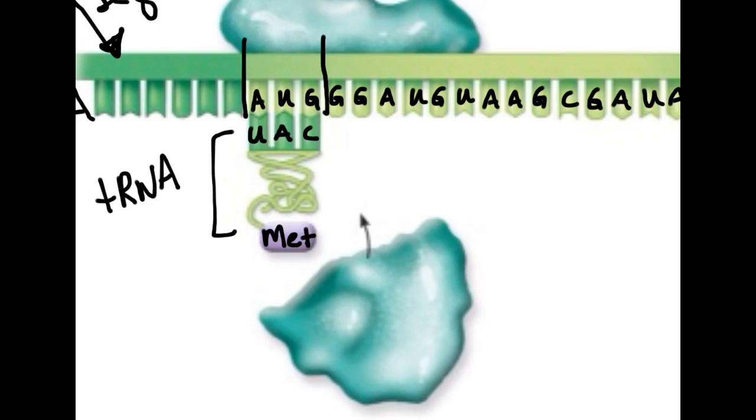How do they do that? How do they know where to go? Well, this first 3 bases, and as we said in class, we should mark off our bases. It helps us keep them separate. We call these 3 base sequences codons.